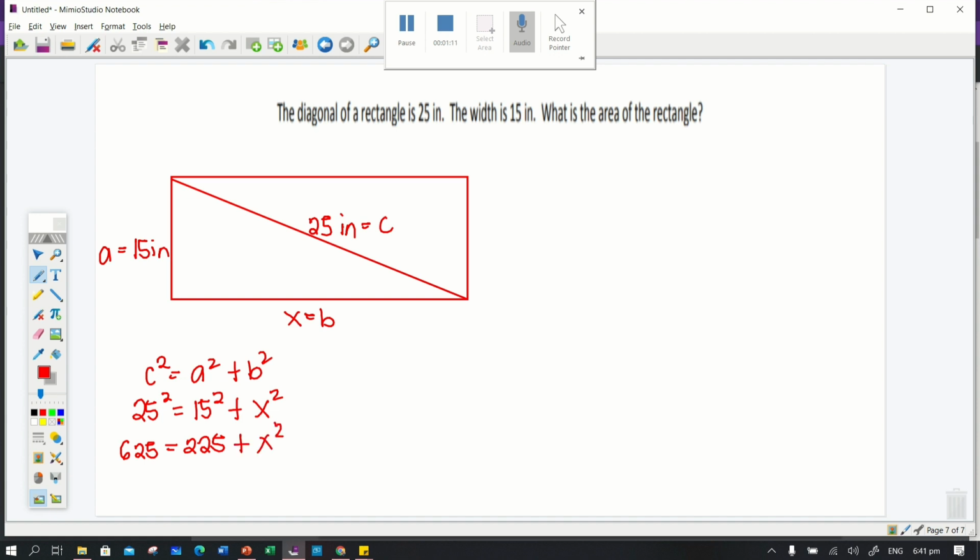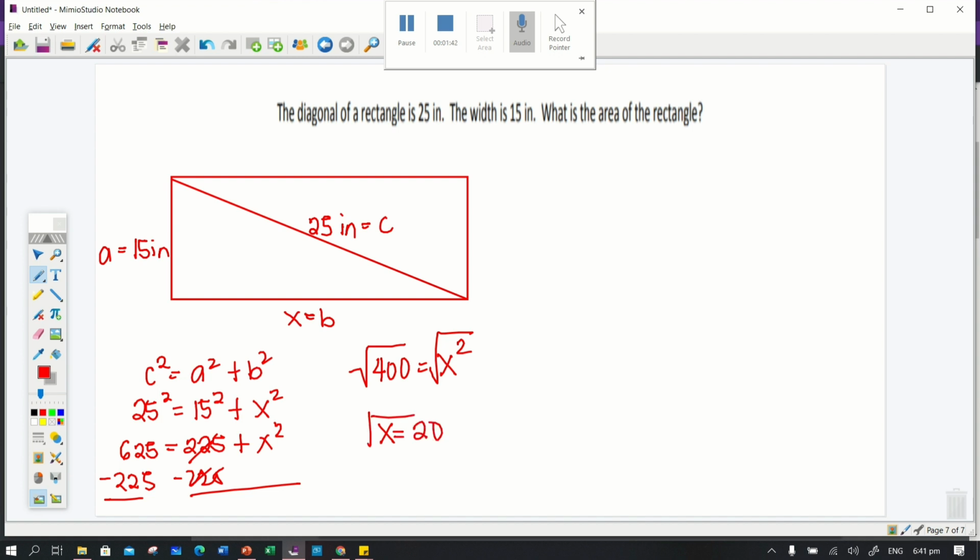So subtract both sides of the equation by 225. So 625 minus 225 is equal to 400, and 225 minus 225 is equal to 0. So that's now 400 is equal to x squared.